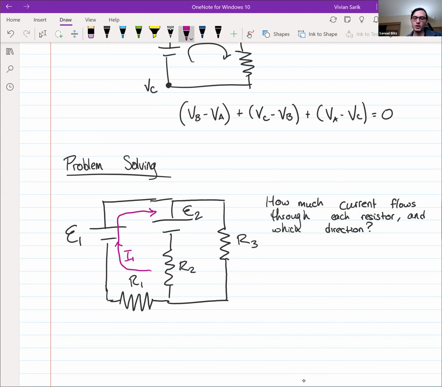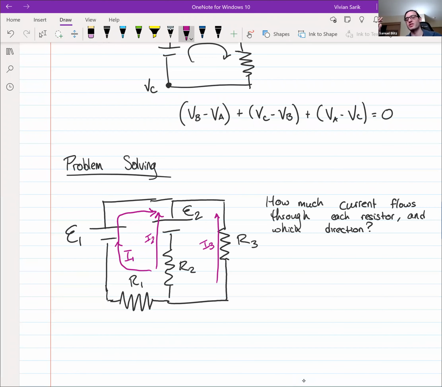I'm just going to guess another direction for the current that goes up the side here. I'm going to call this current I2. And then I'm going to call the current that goes up this side I3. Again, these directions for the actual current are completely guesses.